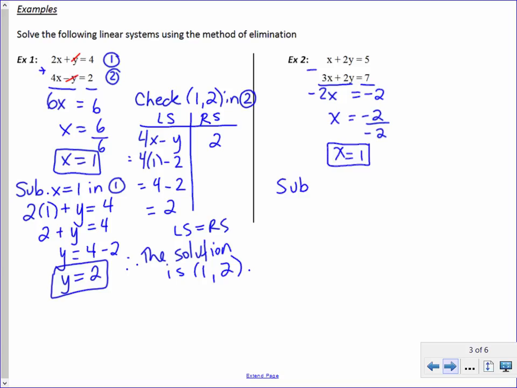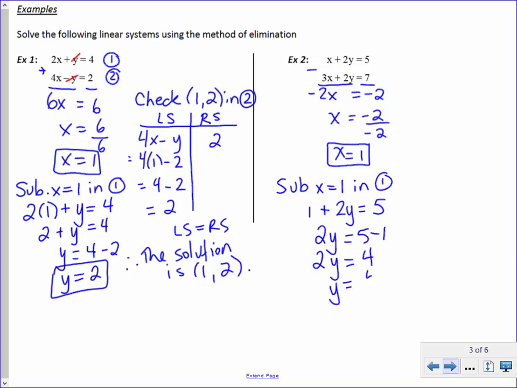Substitute x equals 1 into 1. 1 plus 2y equals 5. 2y equals 5 minus 1. 2y is 4. Y equals 4 over 2. Y equals 2. Okay, just so you know, the answer is not always going to be 1, 2.